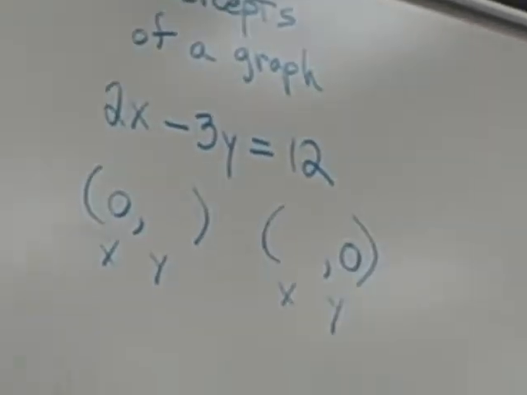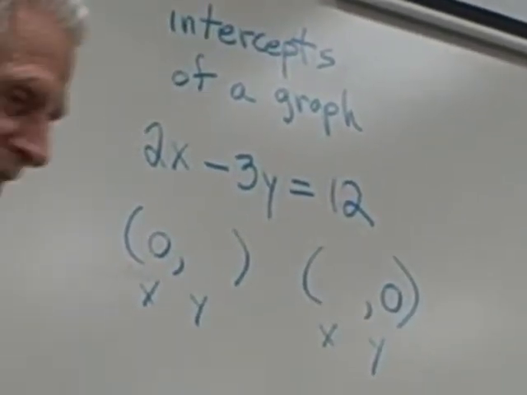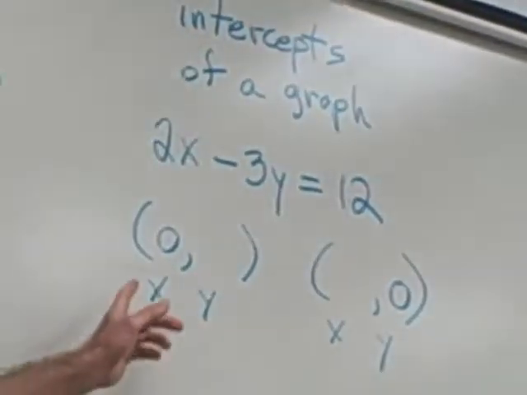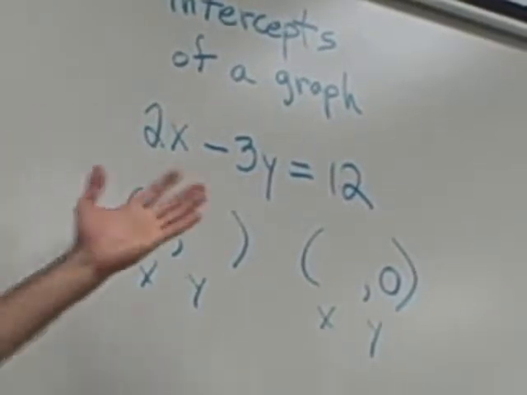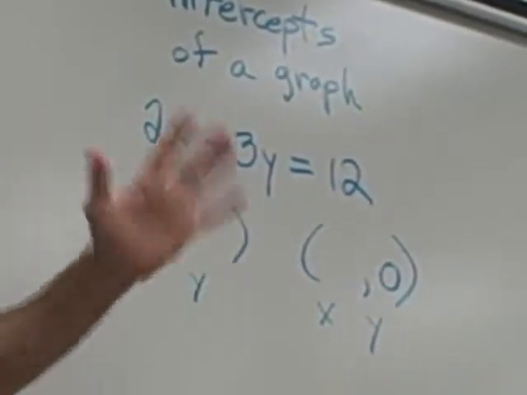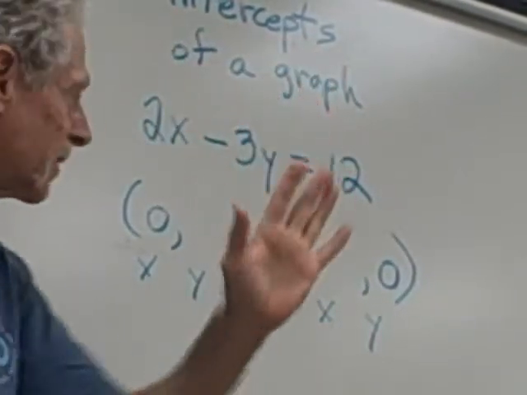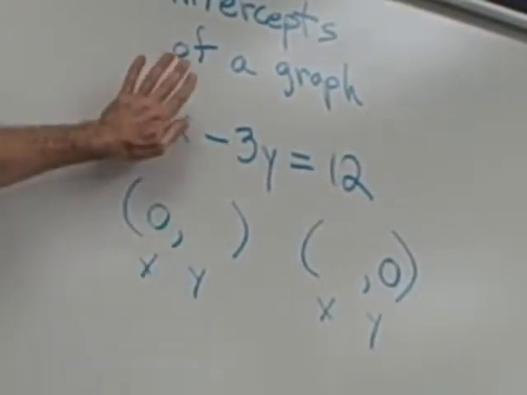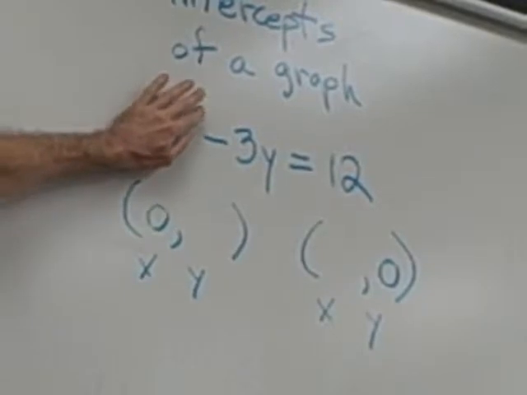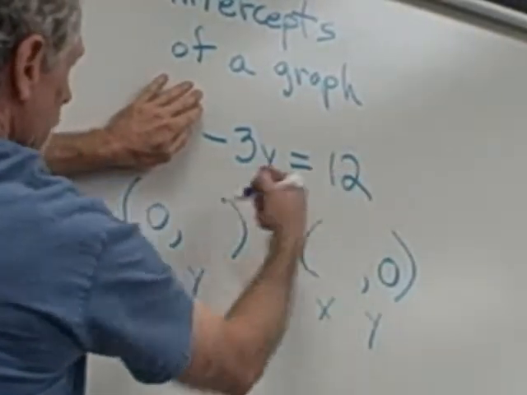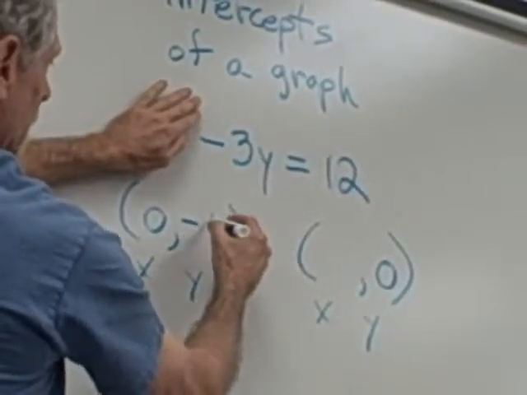So let's find these intercepts. Real simple. X is 0, right? We're trying to find what intercept? The y-intercept. Take your paw and cover up this term. Why am I covering up this term? Because x is 0. Can you divide this in your head? What do you get? Negative 4.